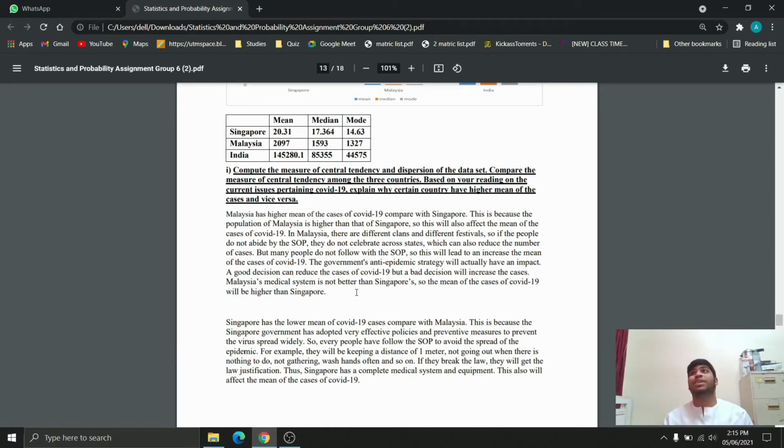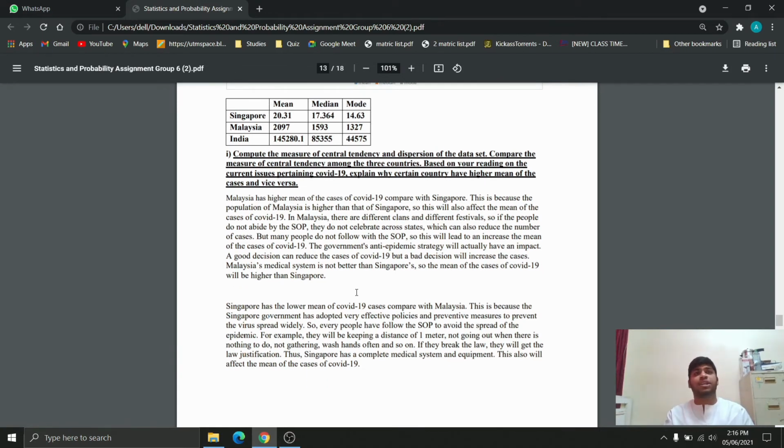But in Malaysia, there are also different clans, cultures, types of people, and festivals. If the people do not abide by the SOP rules, for example wearing masks, avoiding crowds, maintaining social distance, and using hand sanitizers and other alcohol-based products to be clean, this will lead to an increase in cases, which will eventually increase the mean cases of COVID-19 in Malaysia.